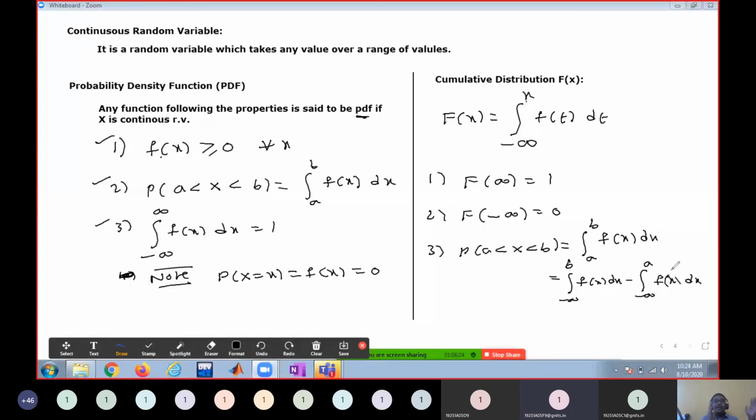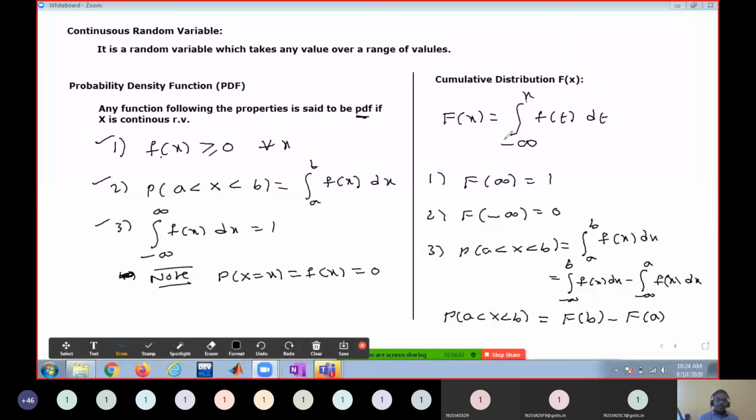That is the sum of the probabilities up to b minus the sum of the probabilities up to a. That will give the probability from a to b. Do you agree? So this is nothing but F of b minus F of a, the cumulative probabilities. So this probability can be computed through the cumulative probability also.